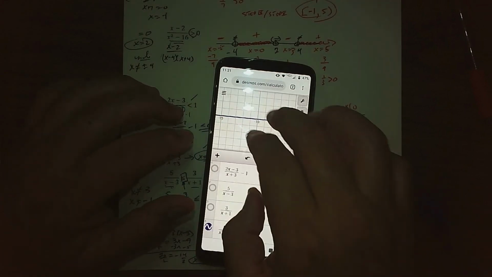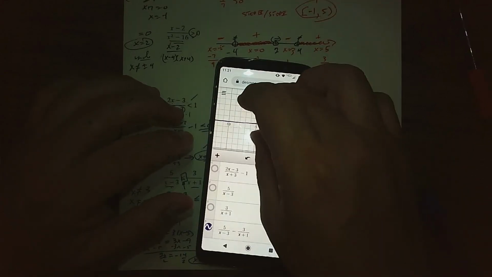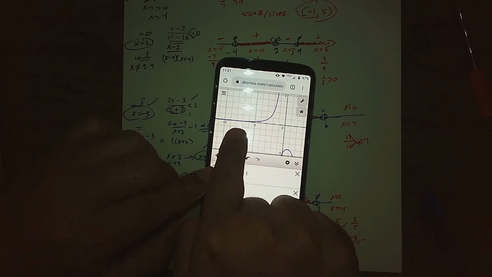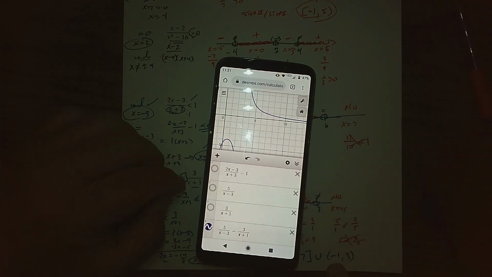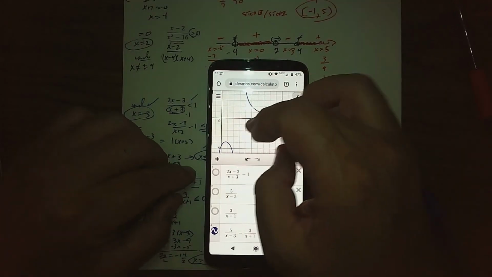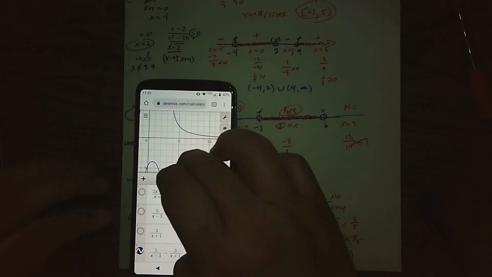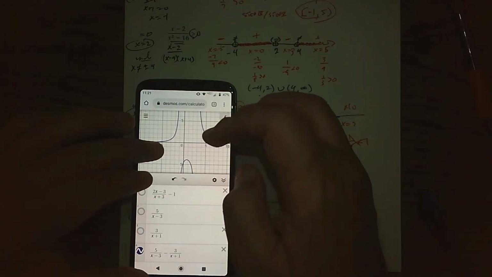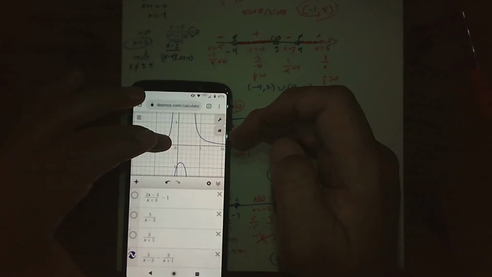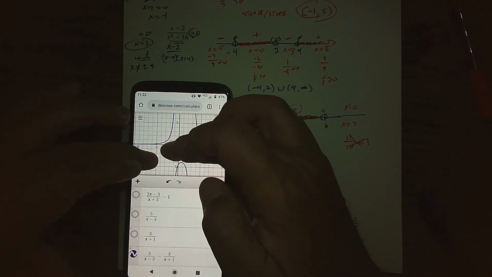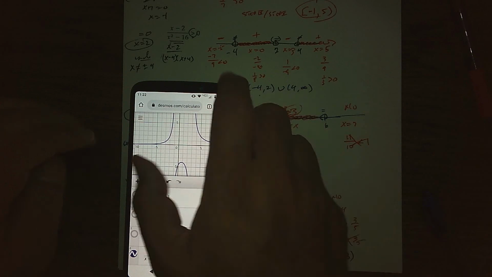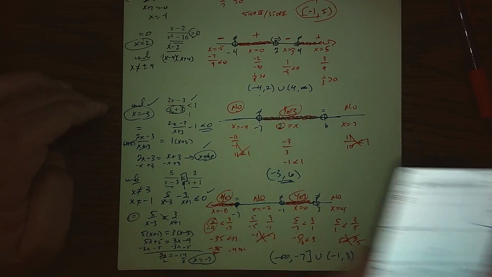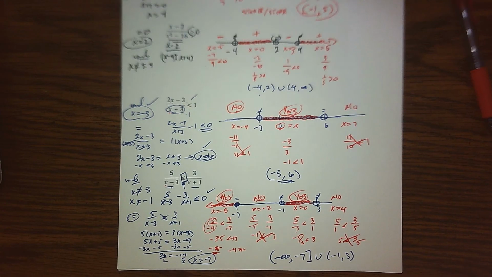You can definitely see that at negative 7, we do seem to be crossing. We're below and then we're above. And then at the asymptote of negative 1, from negative 1 to 3, the graph is definitely below the x-axis. Past 3, it's above, and past negative 7, it's above. So my graph kind of verifies what we have there.